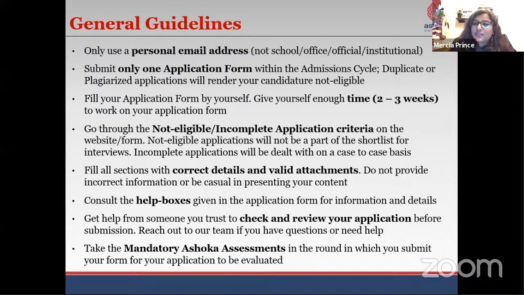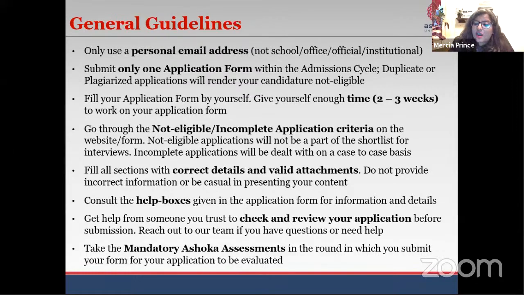So please use a personal email ID like a Gmail or a Yahoo that's not going to be deactivated anytime over the next few years. Submit only 1 application form within 1 admission cycle. So if you submit 2 or more application forms in 1 year within 1 admission cycle, your application will be annulled and not be considered.